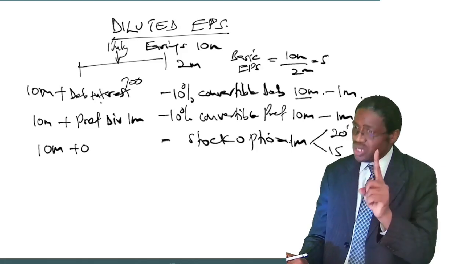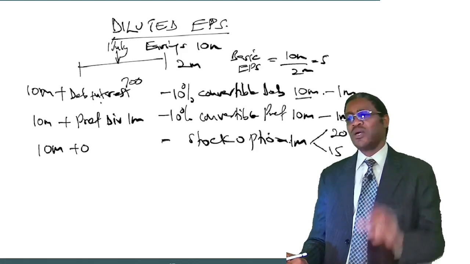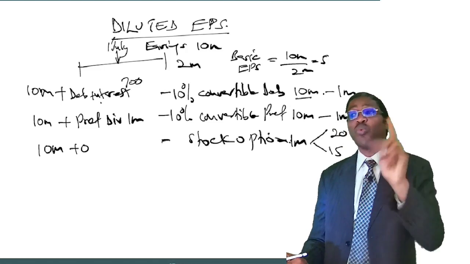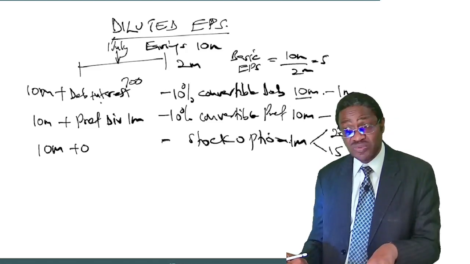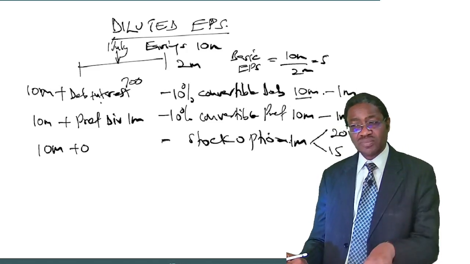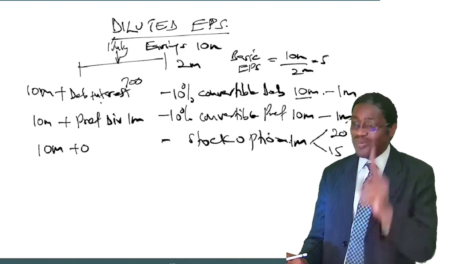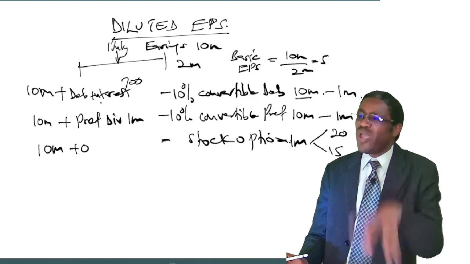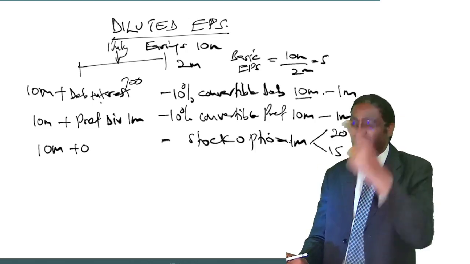Then we said, when it comes to computation of the diluted earnings per share, not all the shares that will be issued as a result of a stock option are considered to be dilutive. Only which ones? When you are computing diluted EPS and the company has a stock option by the end of the year, the employees will be given the privilege of buying 1 million shares at a price of 15 when the market price is 20.